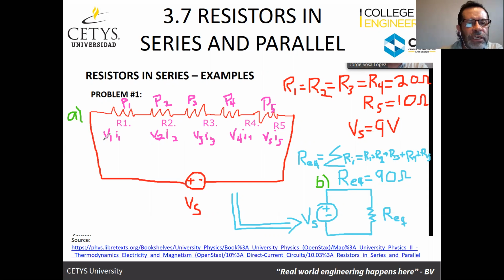And so here for these 4, we already identified that the voltage is going to be the same for these 4 because of the calculations we did previously. And so this is going to be 2 volts multiplied by, what was the current? The current was 0.1 amps.